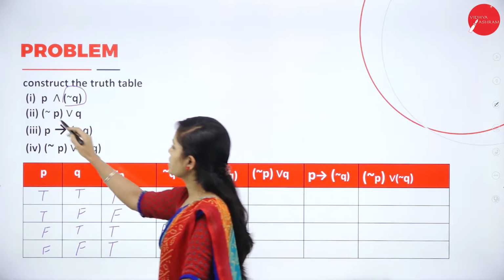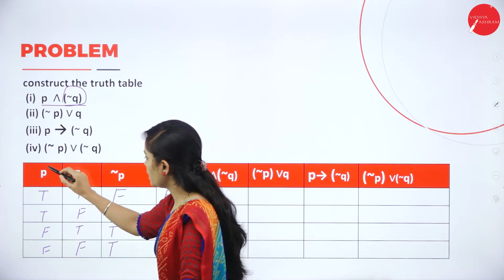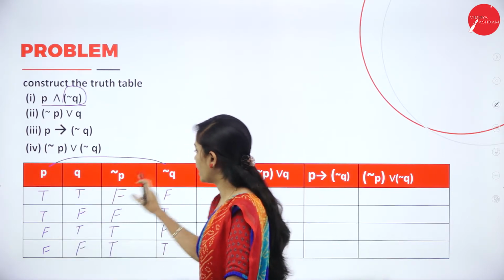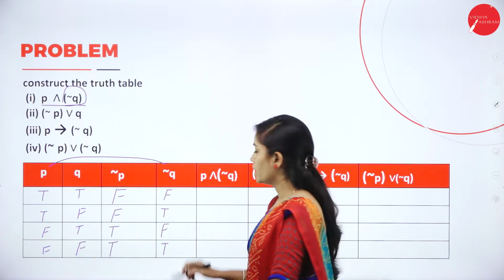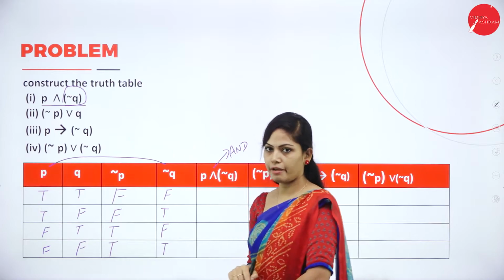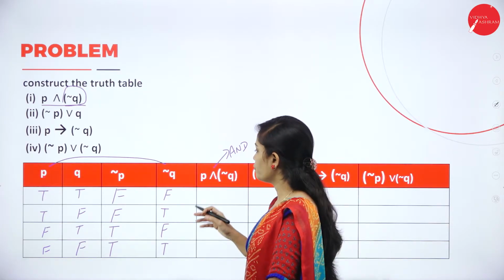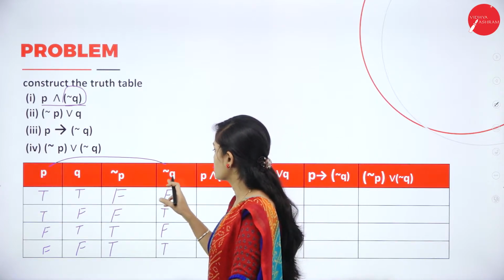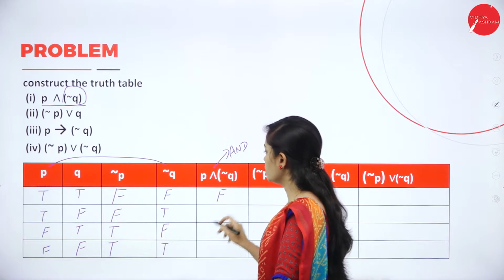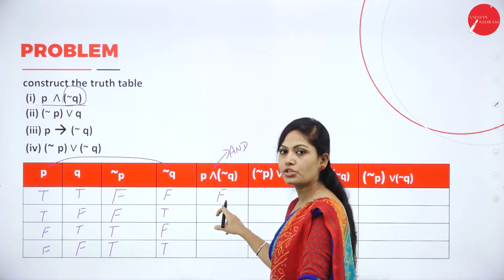And the next is P and negation Q. Just consider the P column and the negation Q column. Here we have the AND operation. What is the AND operation? If any one of the conditions is false in your truth values, the final condition is also false.